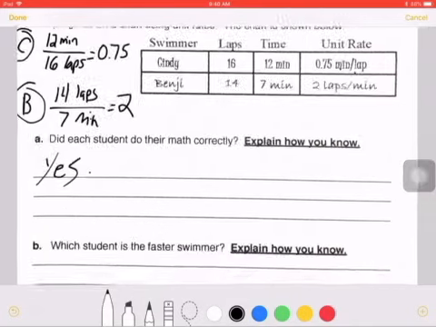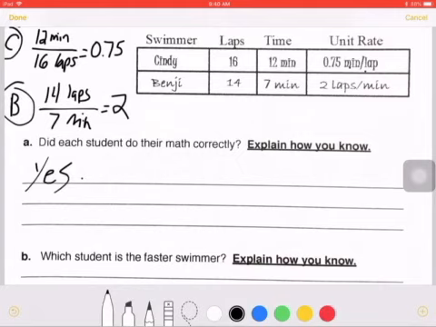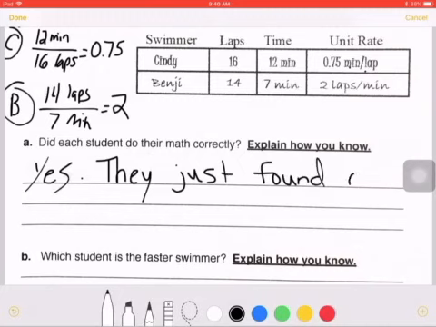So a good explanation here, it says, did each student do their math correctly? Okay, explain how you know. So I would say yes, and explaining how I know, I might say something along the lines of, they just found a different unit rate.